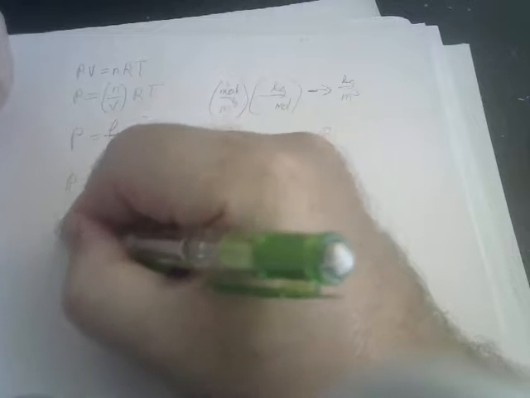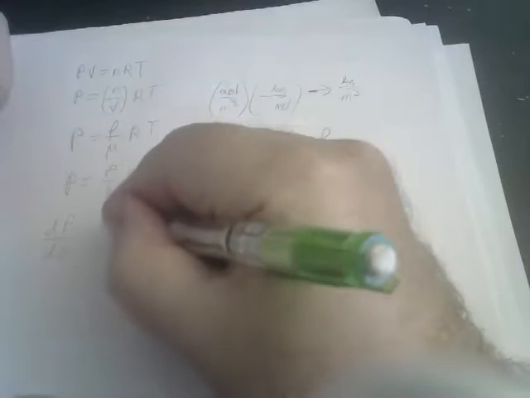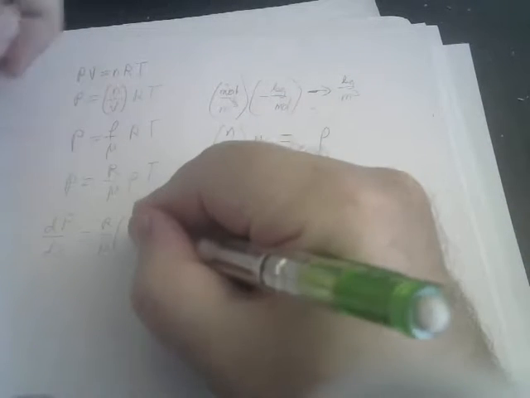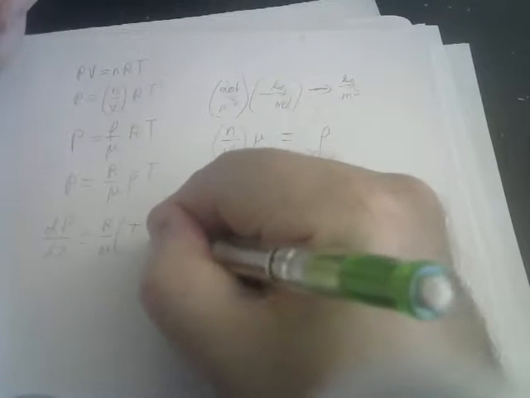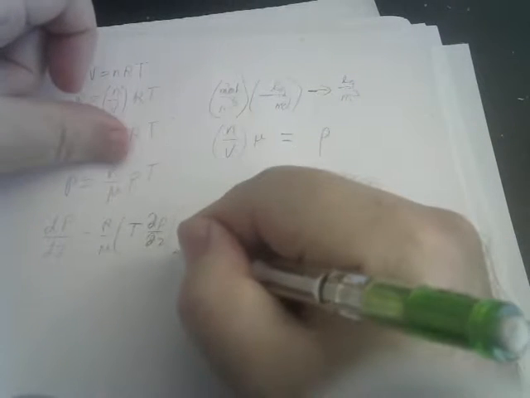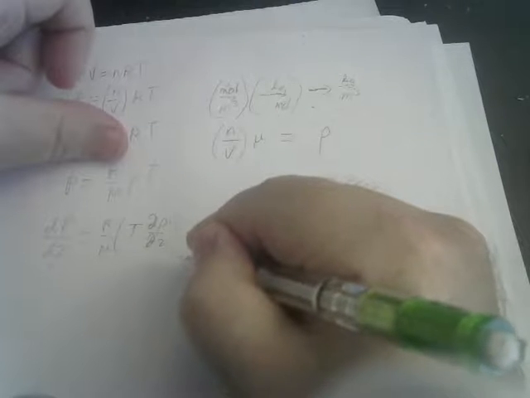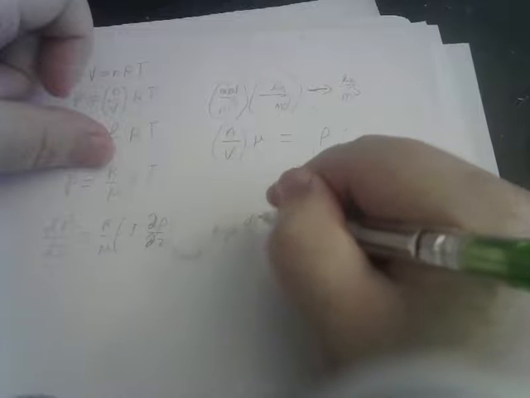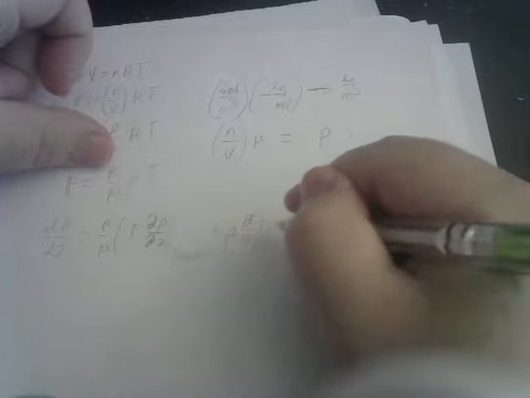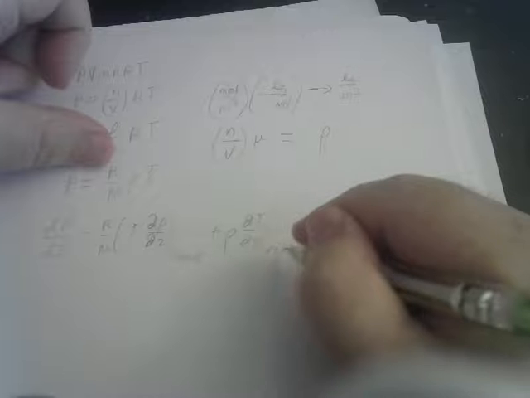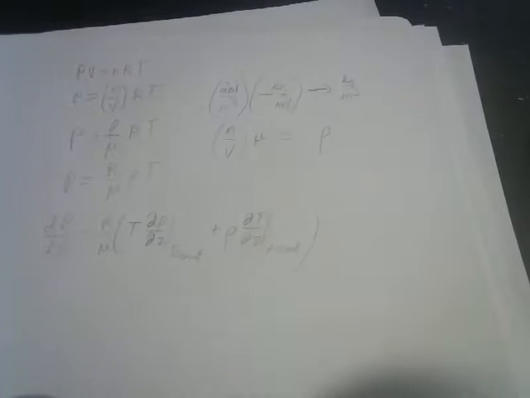This is going to be dP dz equals R over mu times T d rho dz, and this is a partial derivative, d rho dz where T is constant, plus rho del T del z, where rho is constant. And that is a differential formula for that.